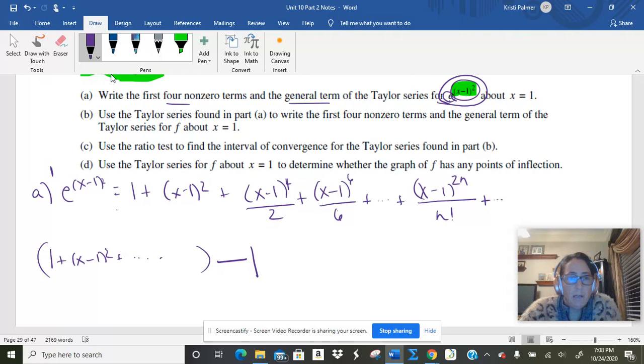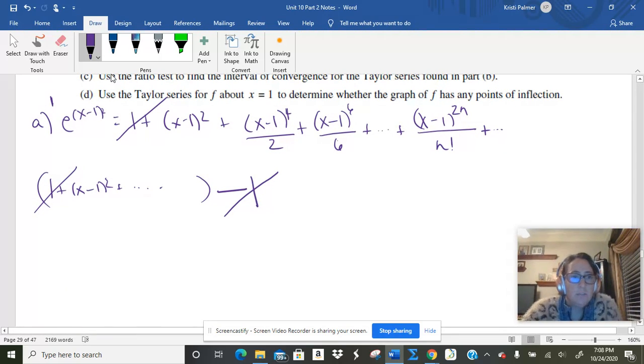If I subtract 1, I'm basically getting rid of that first term. So subtracting 1 would give me just that x minus 1 squared minus 1 so far. It just takes away that first term of 1.